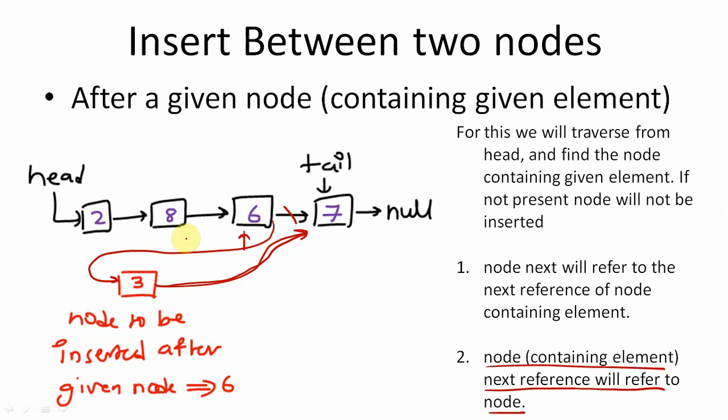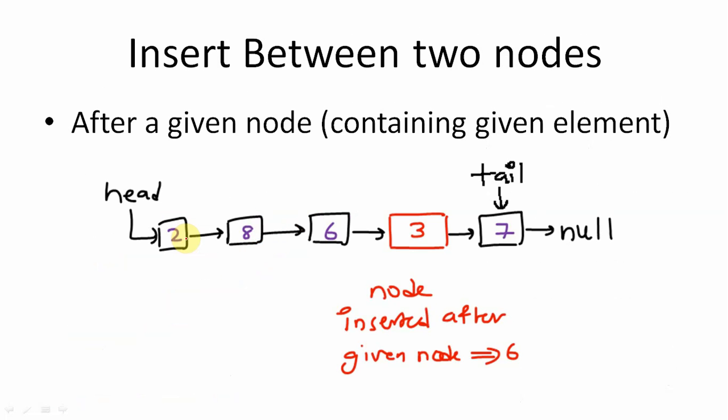In this way, we will insert after a given node. So see, this new node is inserted after the given node. And why is it in between two nodes? Because we have inserted in between 6 and 7.